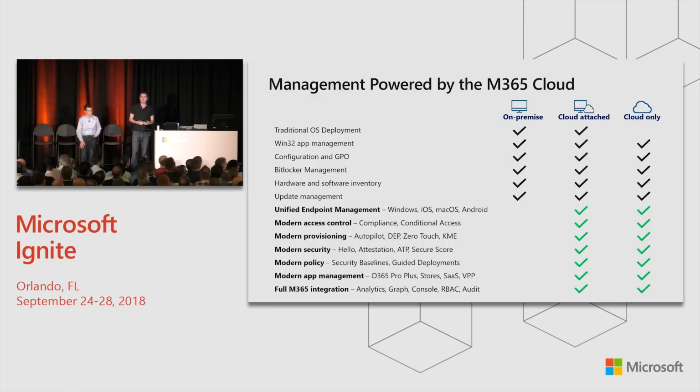You can bring those cloud features and those cloud products into your on-premise environment and shore up your existing on-prem environment. And then there's also the cloud only, where you have cloud managed by Microsoft Intune, and you benefit from all of those features already.